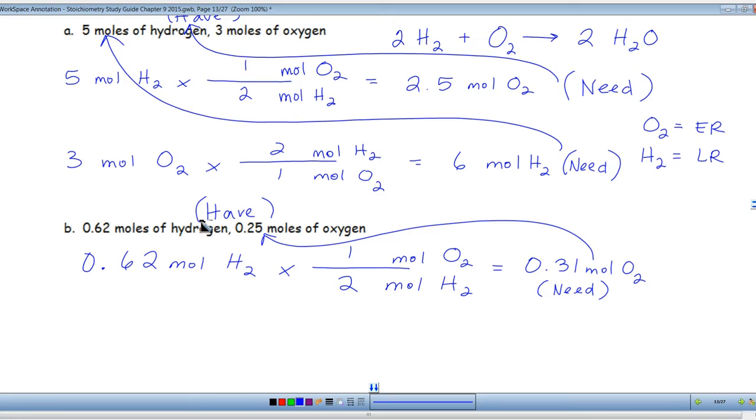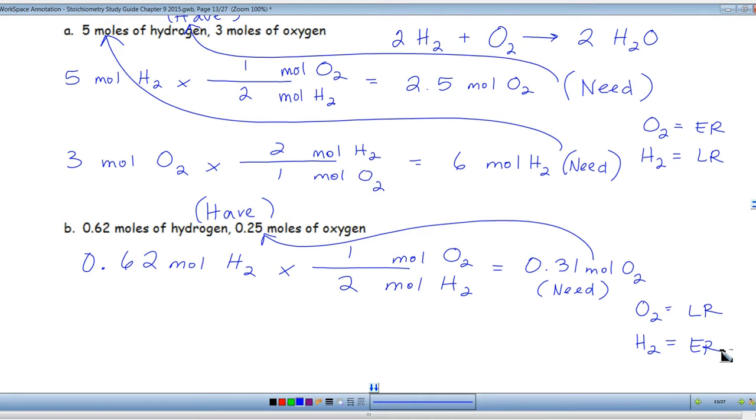So once we use up that 0.25 moles of oxygen, the reaction will stop. I might have a little extra hydrogen, but I don't have sufficient oxygen to completely react the hydrogen. So in this one, I found the limiting. So then by process of elimination, hydrogen must be the excess.